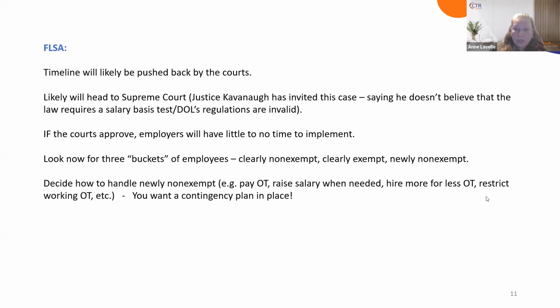The problem with those is they vary depending on which administration is in office at the time the DOL opinion letter is issued. There's different thoughts within the DOL depending on whether we have a Republican or Democratic president in place. But they can give some guidance as to whether or not a particular job will be exempt.